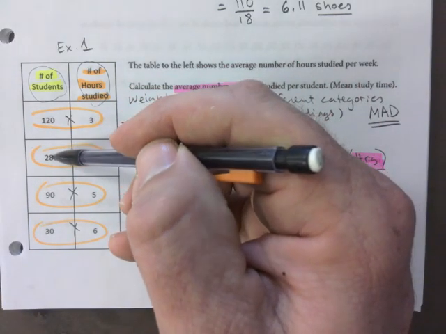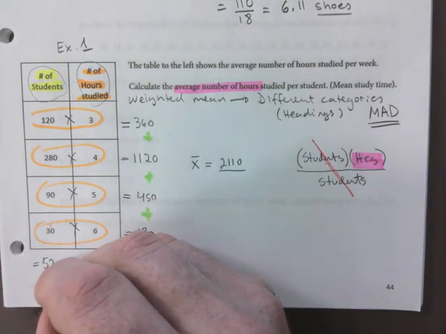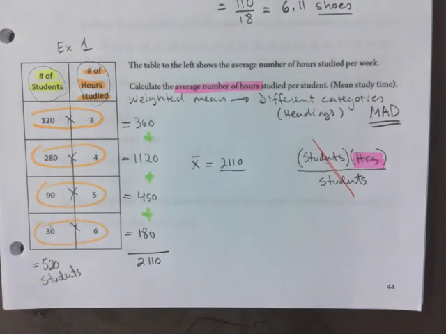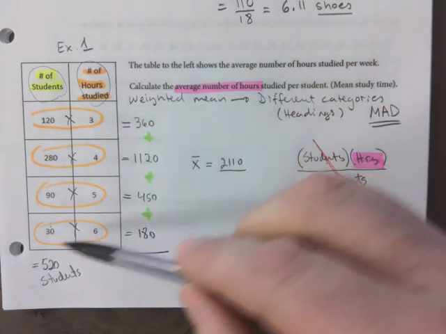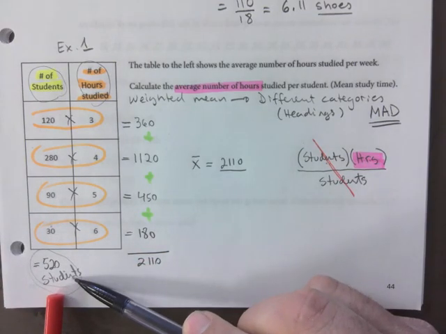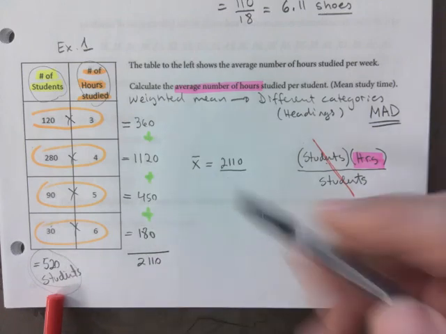So when you add up all of these, you've got 520 students. If I were to add this column, I would just add up the number of hours, which I don't care about right now. I just care about the number of students, okay? So this is the number you have to put down here, the 520.